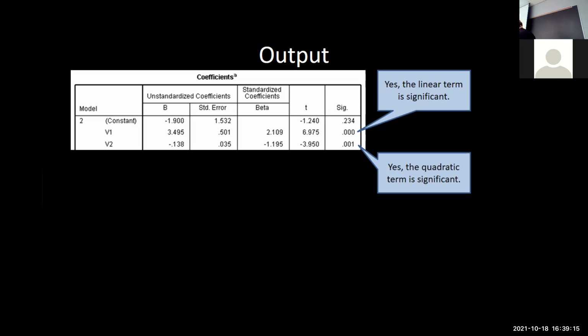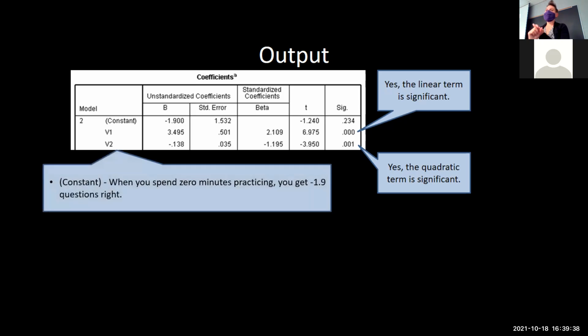So let's do that. Remember, with interaction models, we're always really concerned with where on each variable we're located in regards to 0. Which means that my intercept is, when you spend 0 minutes practicing, you're going to get negative 1.9 questions right.